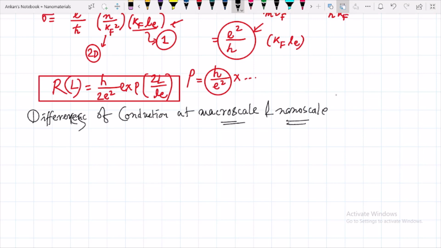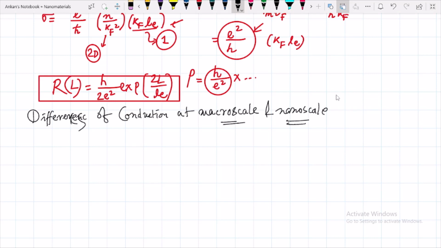Now the resistivity of a normal conductor, that is a macroscopic conductor, is seen to vary linearly with the length, but here the resistivity does not vary linearly. You can see it from the expression, put it in a box, that R(L) is a function of the exponential of the length of the dimension. So this is not a fixed additive property. This will not follow the additive property of resistance.